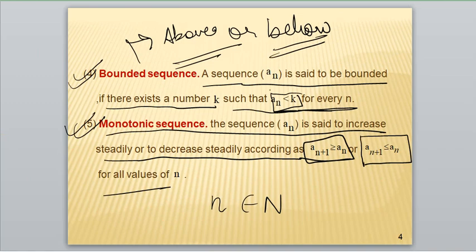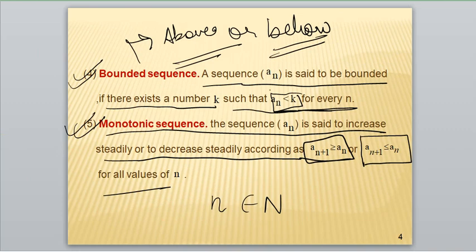Now bounded above, bounded below, a sequence is bounded. So if a sequence is bounded below, then it will be given greater than equal to, and if it's bounded above, then it will be given less than equal to. So you know how it will be.